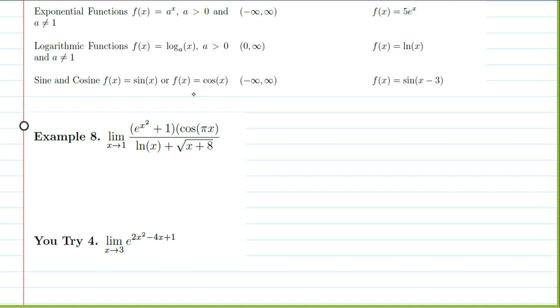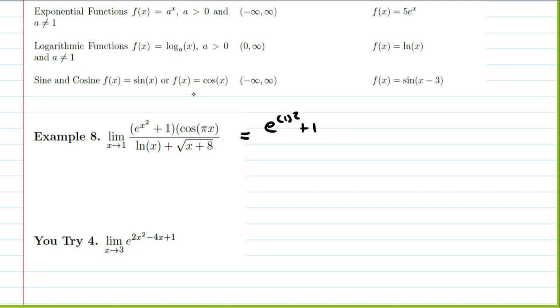The quotient of continuous functions is continuous as long as the denominator doesn't equal 0. So we have a whole bunch of continuous functions. Exponentials are continuous, cosines continuous, logarithms continuous, the radical function's continuous, and we're adding and dividing them. So this whole thing is a giant continuous function. So then what's our limit going to be?